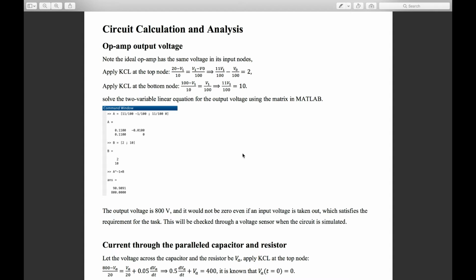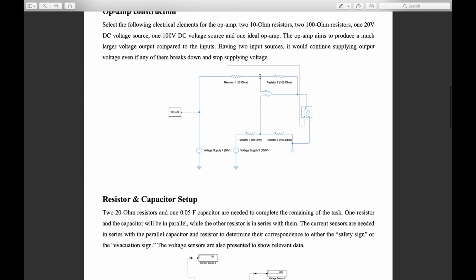For the circuit calculation and analysis, let's go through the operational amplifier first. So I do the following calculation to come up with the output voltage. In specific, I apply the KCL equation at the top node, which is right here, and the other KCL equation at the bottom node, which is right here.